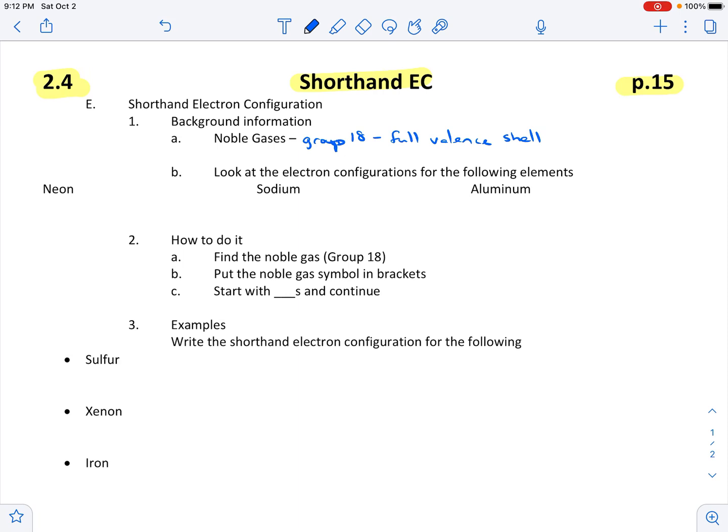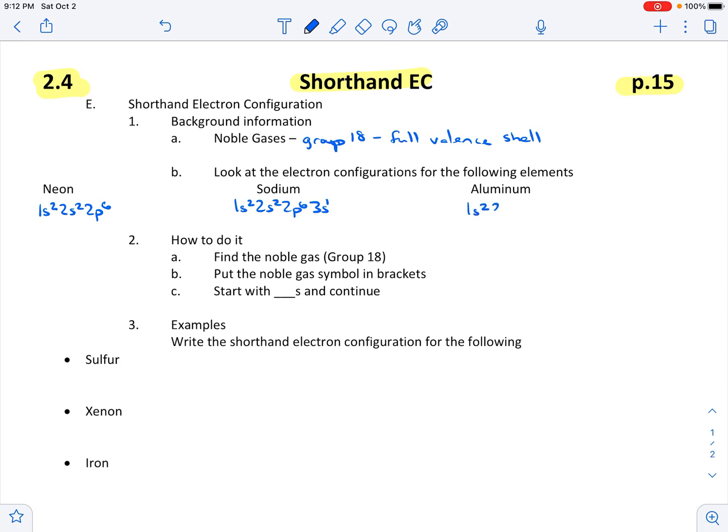All right, so let's take a look at these electron configurations of neon, sodium, and aluminum, and see if we can figure out how this shorthand works. Neon's electron configuration is 1s2, 2s2, 2p6. Sodium's is 1s2, 2s2, 2p6, 3s1.